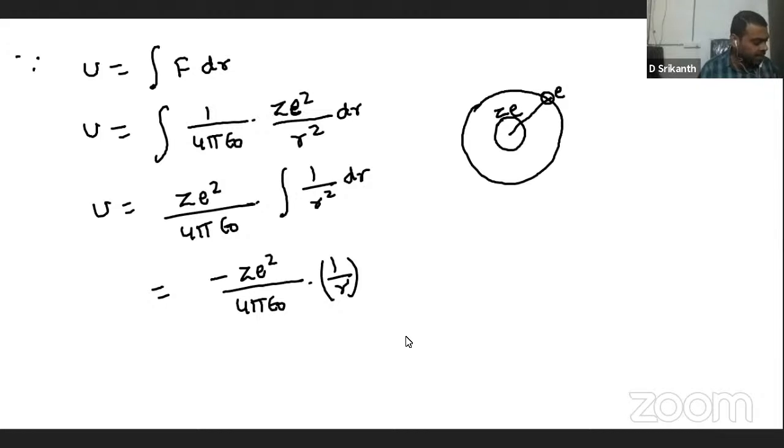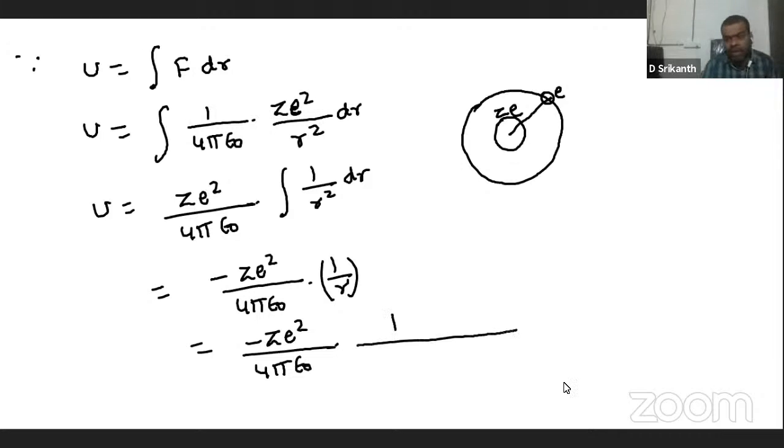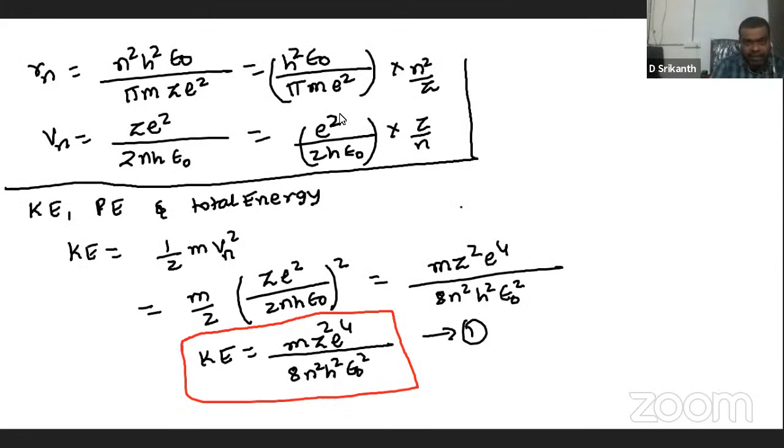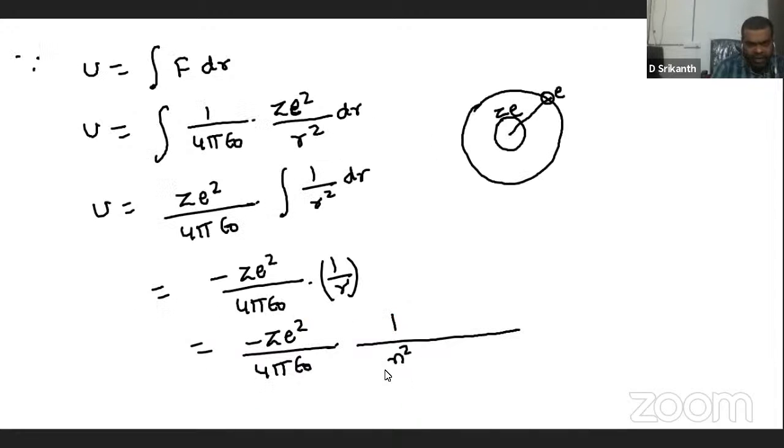So minus Ze square by 4 pi epsilon naught, and we know the value of r, the radius of the electron in the nth orbit, that is n square h square epsilon naught by pi m Ze square.